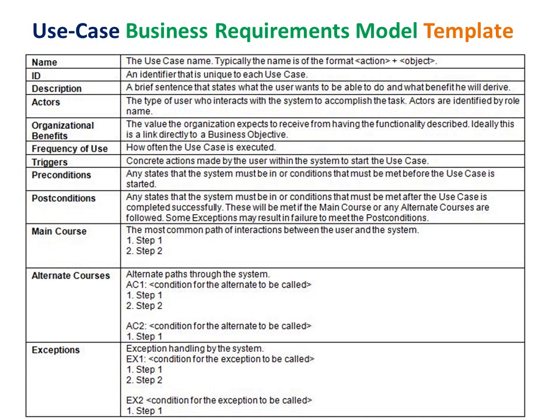Let's say we need to add a course. After adding the course, the post condition will be the course has been added. The main course, here we call it the basic path, or the most common path of interaction between the user and the system, which means the steps that should be executed in order to perform the use case.